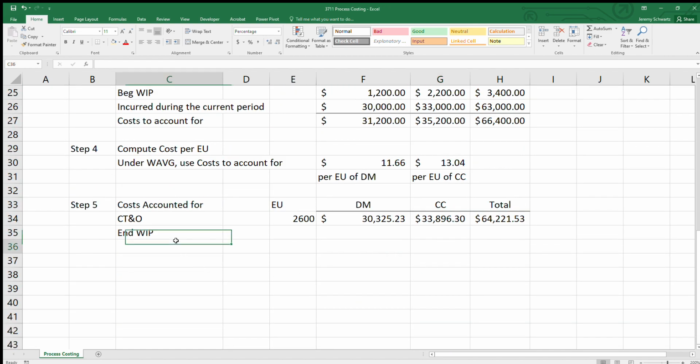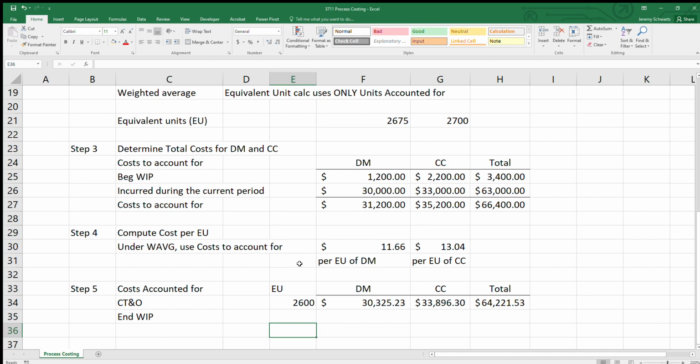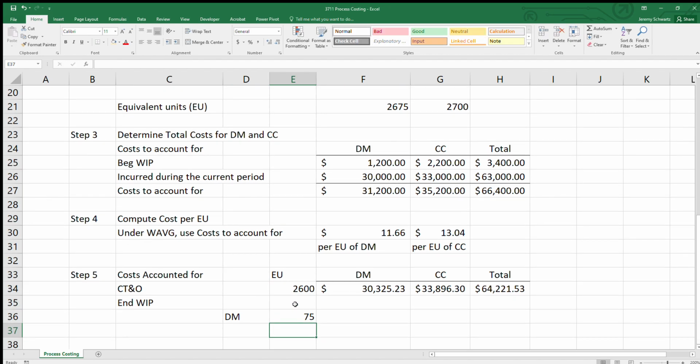So we're going to have to do an equivalent unit calculation. There are two ways that we can do this. One, for direct materials, we could take the 2675 that we'd calculated before and subtract the 2600 there, and we get that 75.